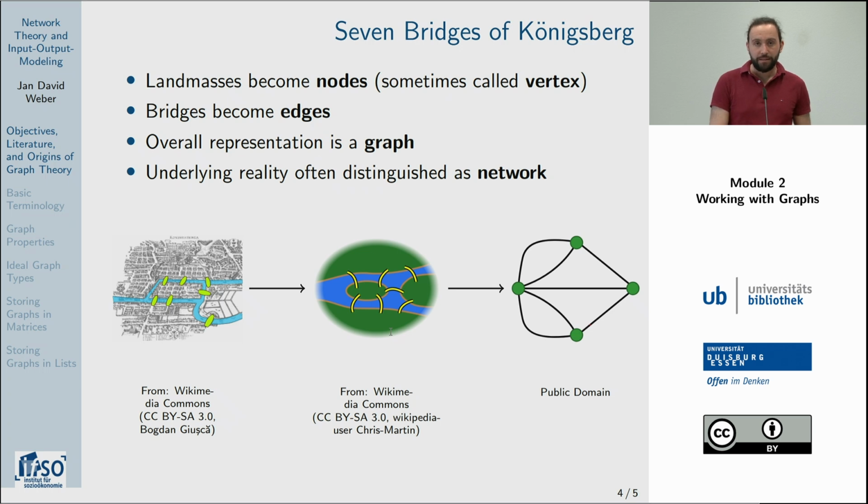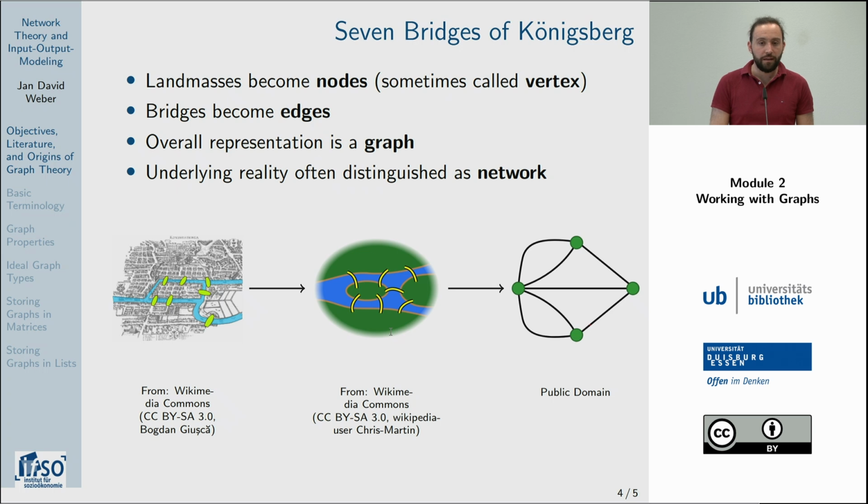So the land masses that he was talking about, those different parts of the city of Königsberg divided by the river, became nodes. Sometimes you will also see the word vertex, something we will not use in this class, but we will stick with the word nodes. The bridges became edges, and overall the representation became the graph.